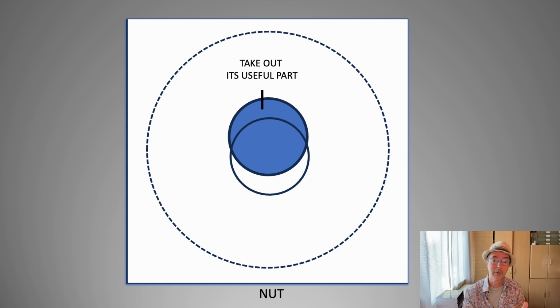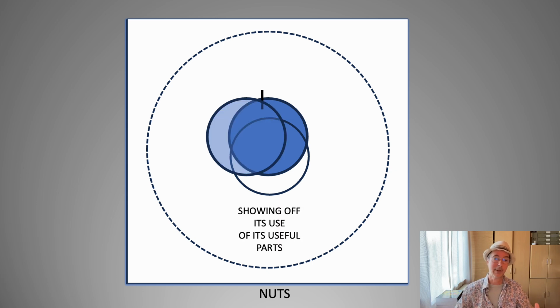If I go from nut to nuts, I will double its effect, and it will be a bit more difficult because there is already a contradiction inside: we only can follow what we know. So what is the way to make it grow bigger? It's difficult. It will show off its useful parts, but which parts?